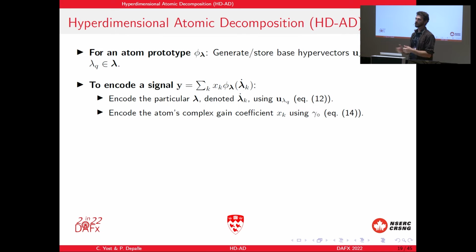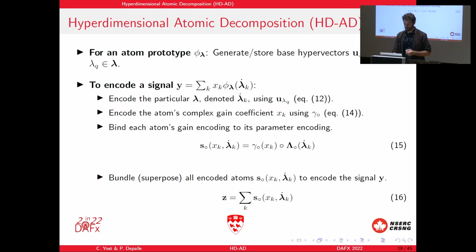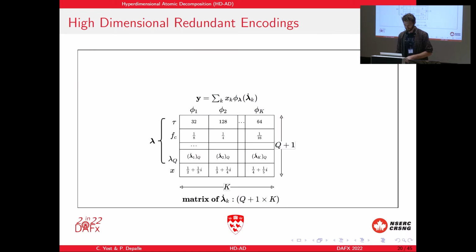We also do this for the atom's complex gain. Then, to generate the encoding for a particular atom, we bind together all of the encoded parameters of that atom. And finally, to generate the encoding for the signal, we superpose all the atoms together to result in an HDC encoding of the signal, which we denote Z.